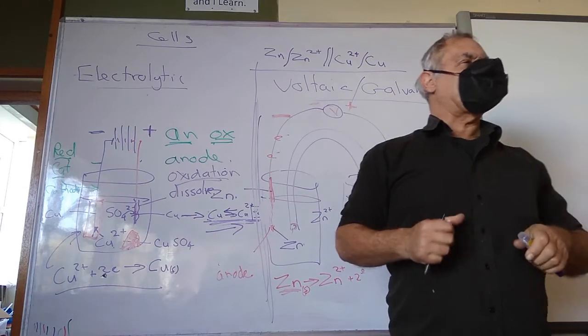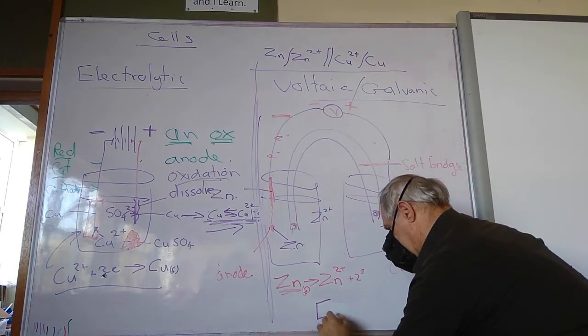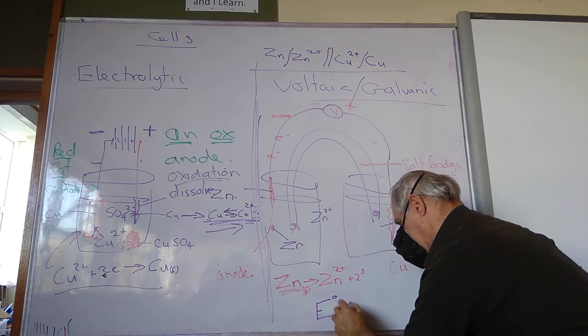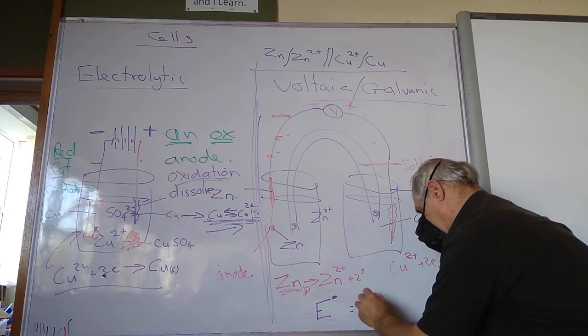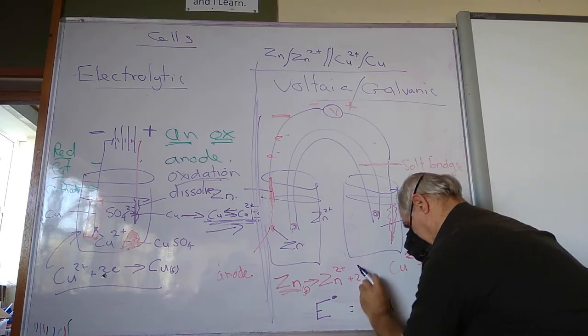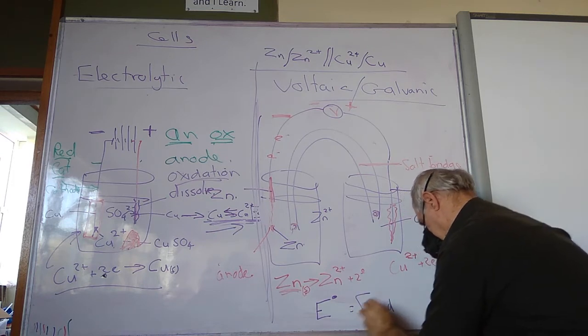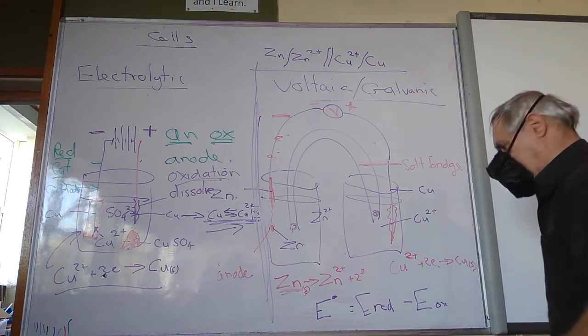I can't remember the exact formula, but it's this. It says something like this, E theta, or something like that, equals E reduction minus E oxidation.